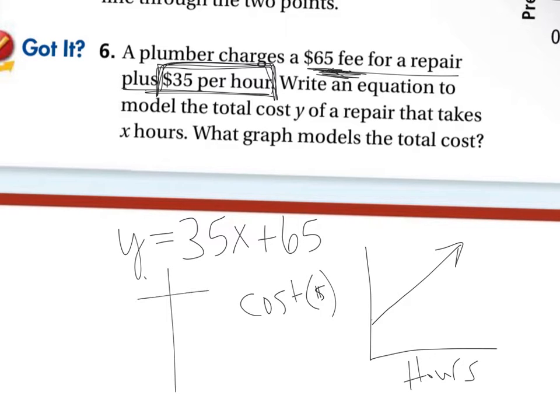So again, I'm just roughly sketching this out, but 1 would be 100, and then 2 would be 135.